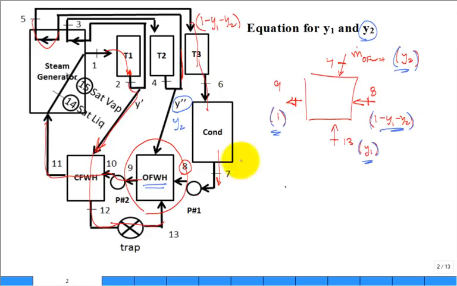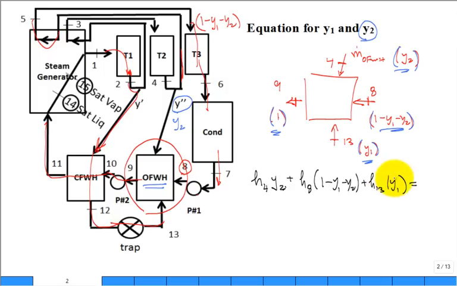So let's do the energy balance. We have enthalpy at 4 bringing with it, or coming at a rate of Y2. We have coming in enthalpy of 8 bringing with it 1 minus Y1 minus Y2. And we have H13 bringing with it Y1. And the only out, we'll put it on the other side instead of a negative.